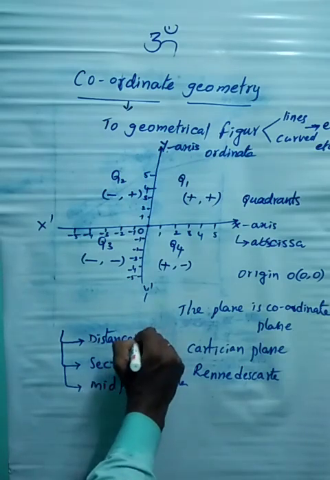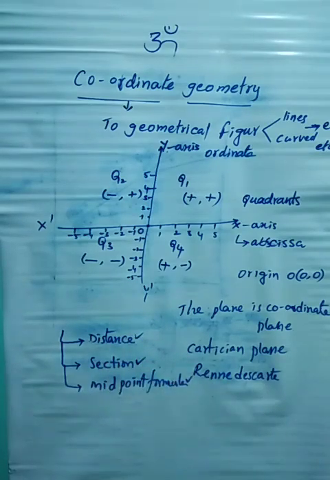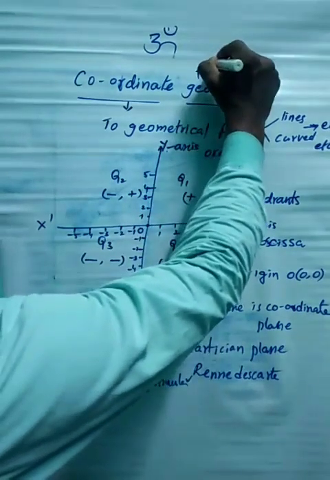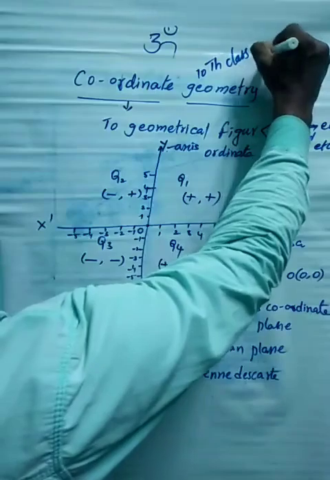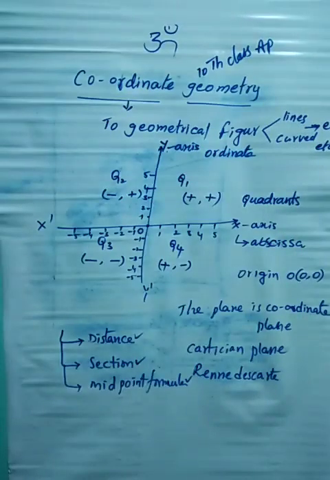When we know these three formulas, we can solve the present AP textbook solutions of 10th class. We can solve this coordinate geometry chapter when we know the distance, section, and midpoint formulas.